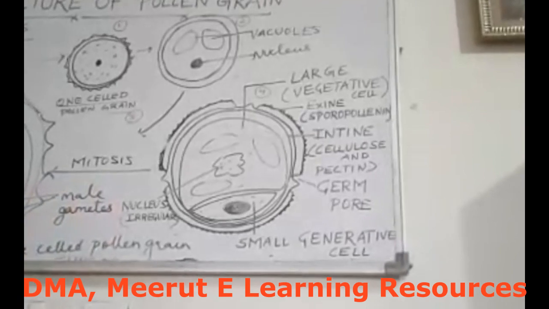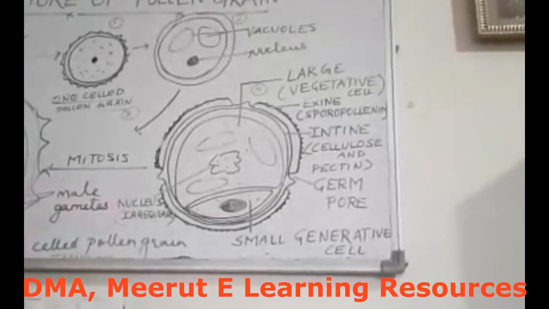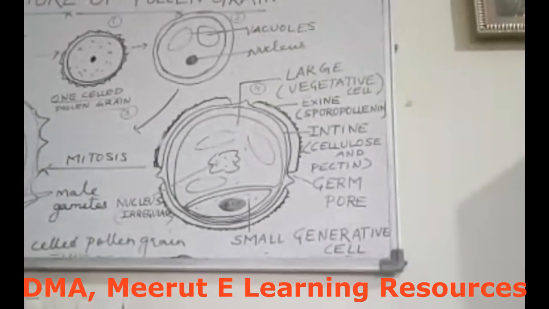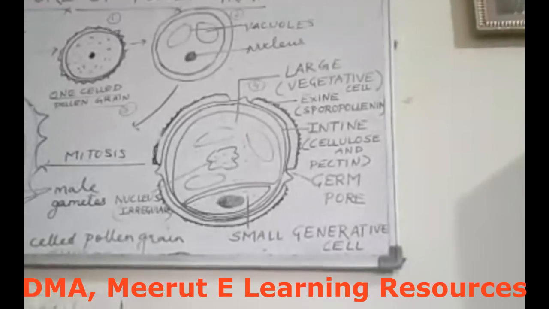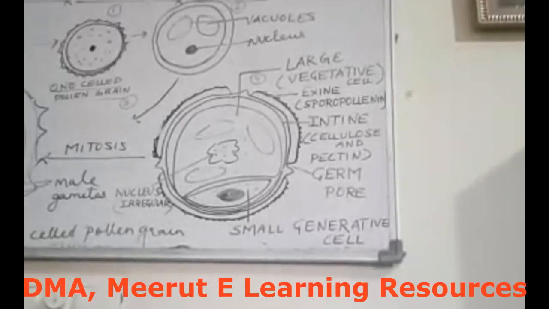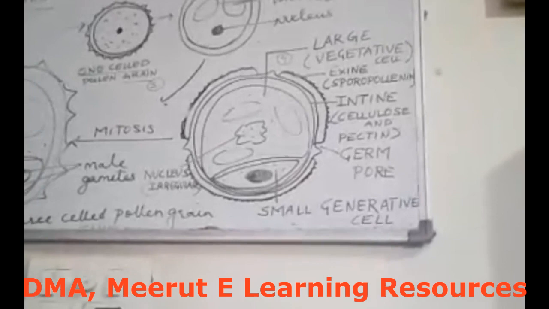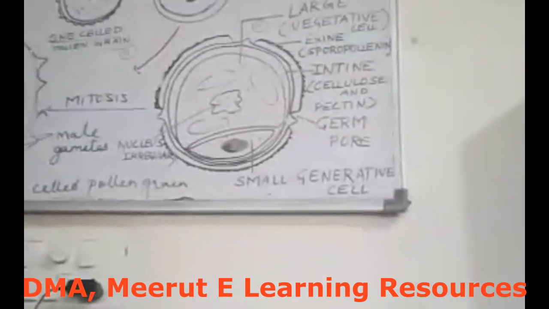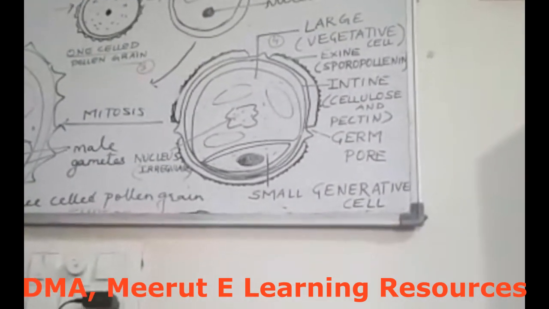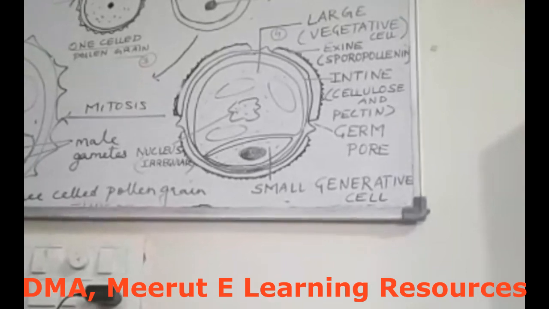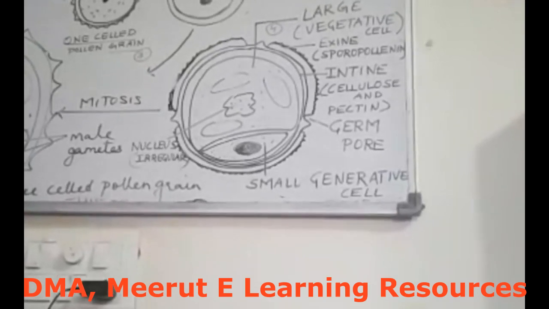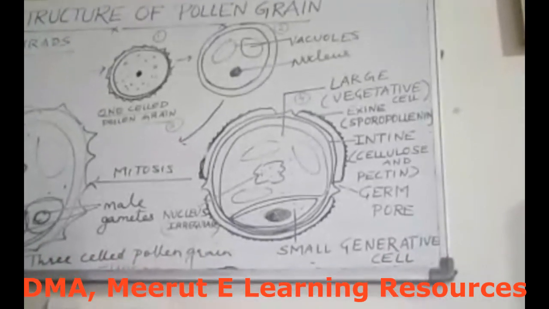This 3-cell stage structure of the pollen grain, or the mature male gametophyte, is formed by 2 mitotic cell divisions. So here you can see this is the mature male gametophyte.